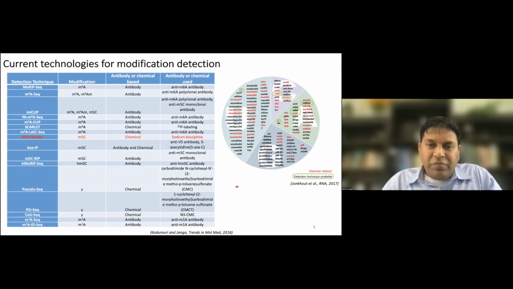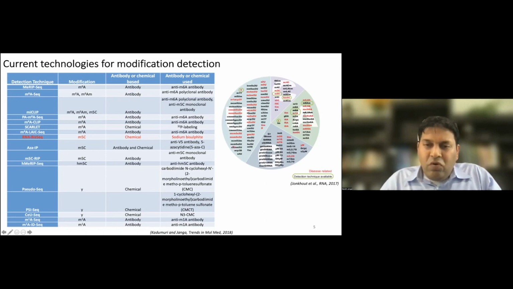The chemical-based methods often give a bit more nucleotide resolution of the location of modification. For instance, bisulfite sequencing is commonly used for m5C, and sodium bisulfite is the reagent that I've highlighted here. You would typically see that the regular cytosines are modified while the m5C is unmodified, resulting in the short read data having changes for cytosines, but not for the m5C.